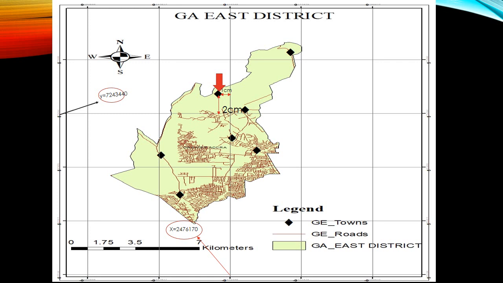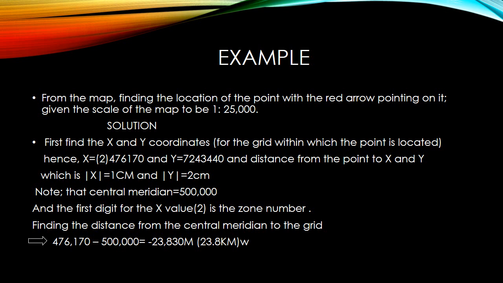So we're going to look at how we will find the coordinates of this point. Going forward, we're going to assume that the map scale is 1:25,000.